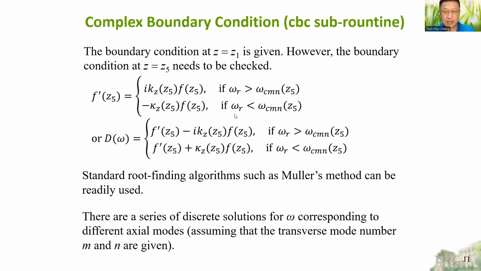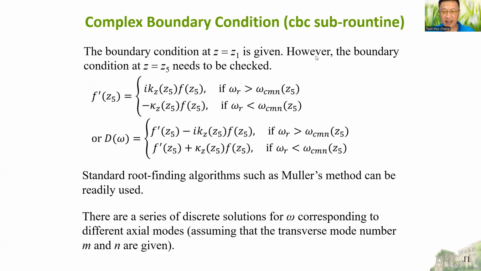Okay, so what is the boundary condition at the right-hand side? At the left-hand side, the boundary condition at Z1 is given by the researcher, and a small value doesn't matter. The absolute value doesn't matter.